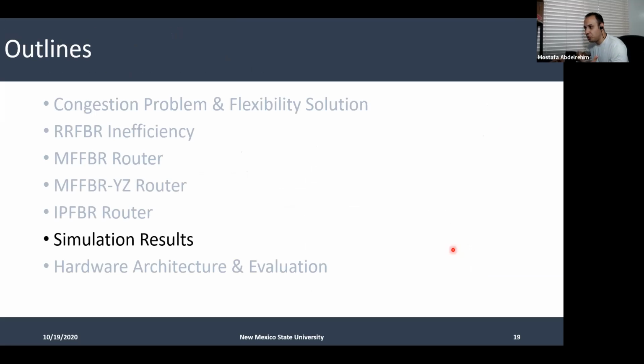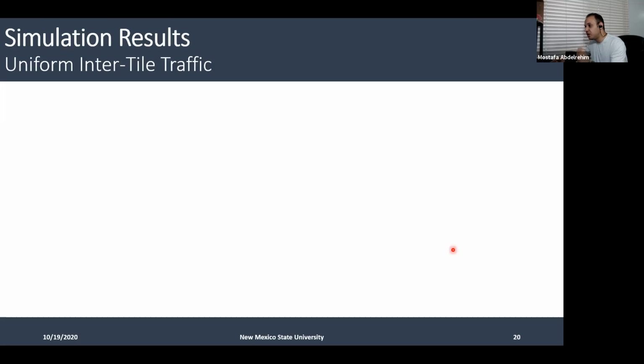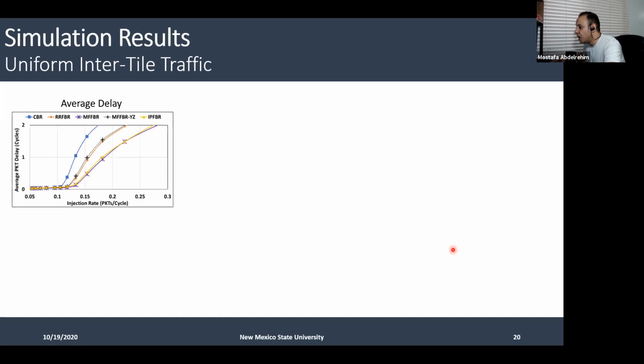Now let's see some simulation results. I'll just show you a sample of them. For the uniform traffic, this is the average delay, and as we see here, inverse priority, which is very simple, just a fixed order of search, got almost the same performance as the minimum first flexible router, which is really powerful and superior, and minimum first YZ.